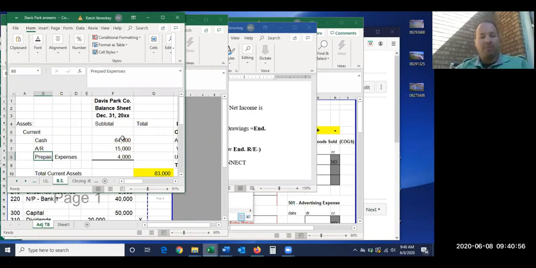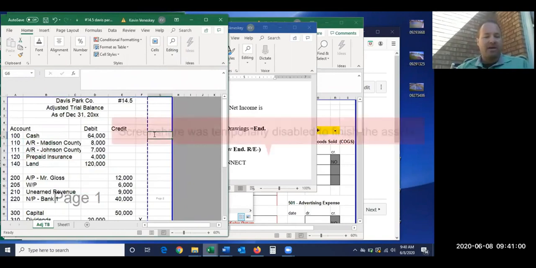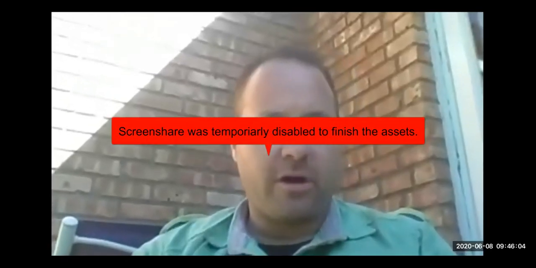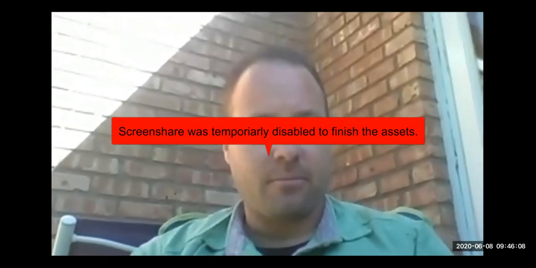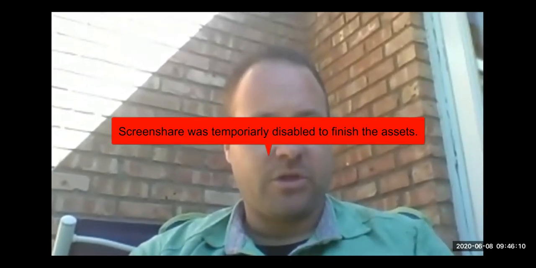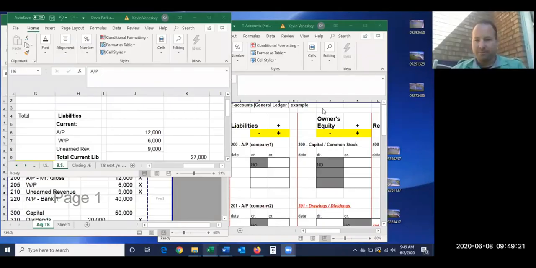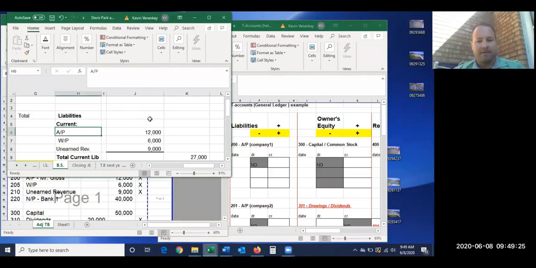And then we're going to add up, and we're going to put X's out here now. We've done our cash. We can now put the current assets in, which we only have one. And then we total it. There, that's better. All right, now you should be able to see everything.